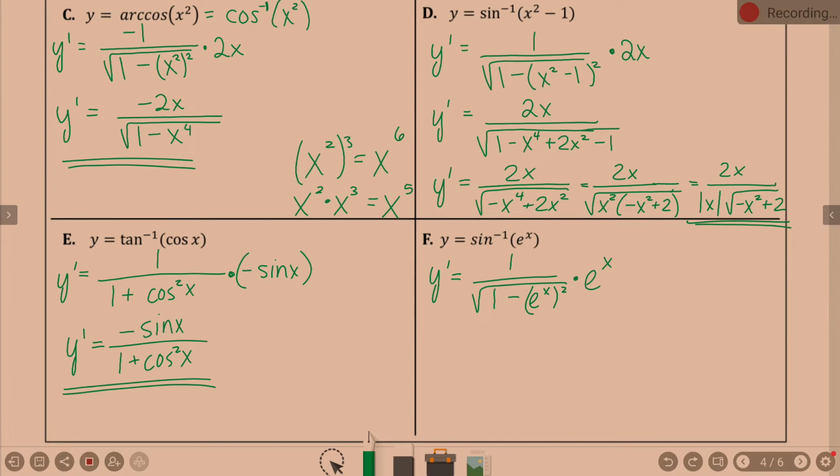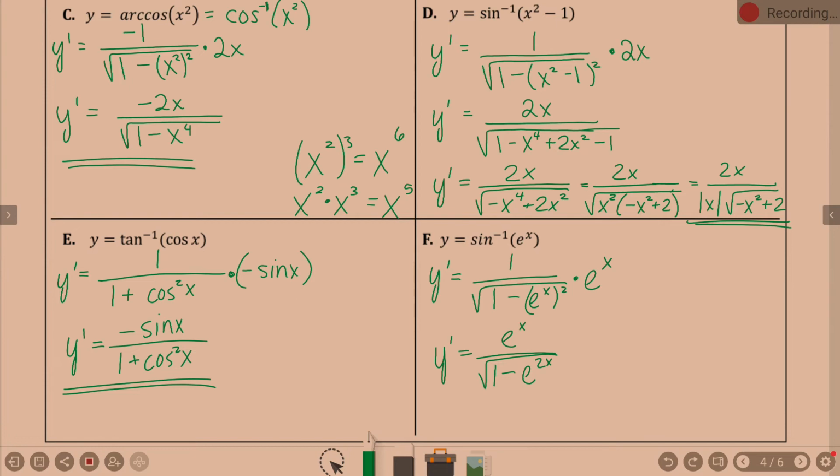Cleanup. e to the x, of course, can go on top. Under the square root, 1 minus, okay guys, you need to be aware, what is e to the x quantity squared? e to the 2x, right? Because just like over here, it's a power raised to a power, and x times 2 is 2x. You're not going to see something left as e to the x quantity squared. You're going to see it as e to the 2x.